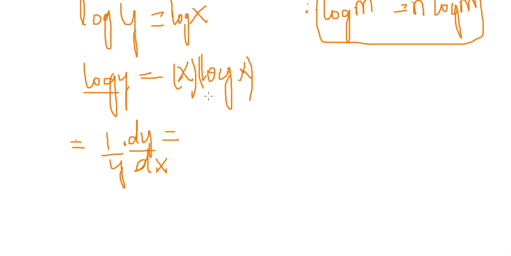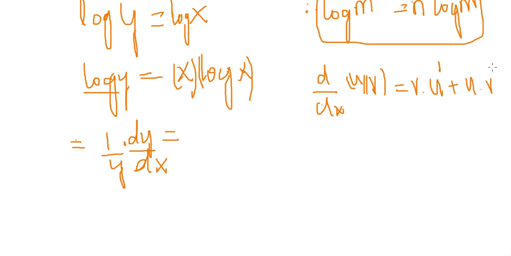So when you have d by dx of uv, the product of two functions, it is v multiplied by derivative of u, I denote that by u complement, plus u multiplied by v complement. So we will use this here.